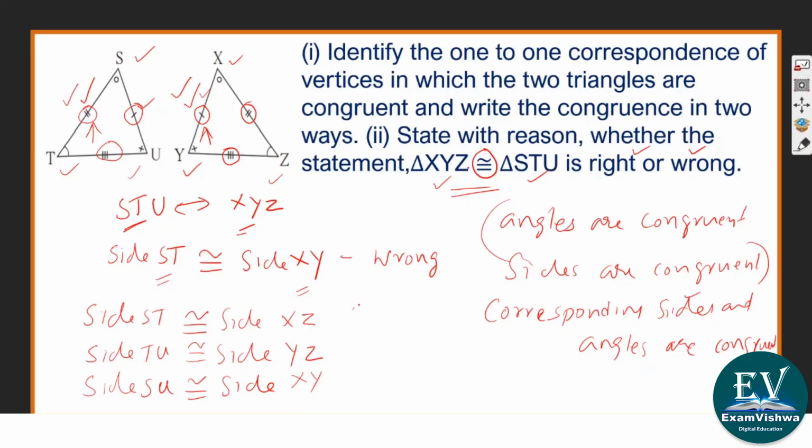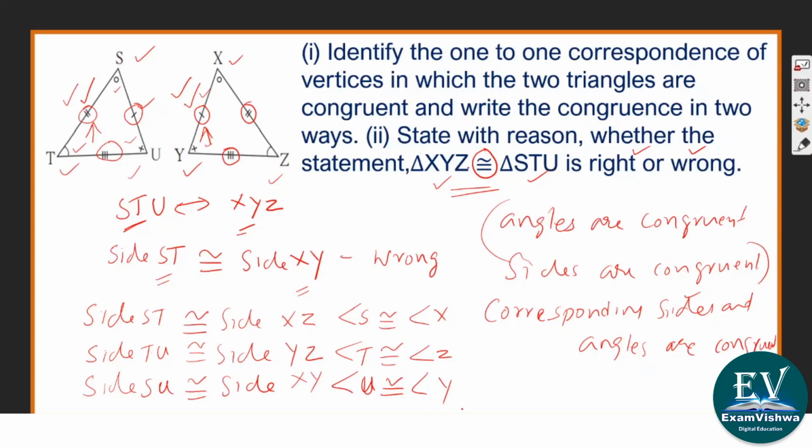Even if you compare the angles, angle S is congruent to angle X, very good. Angle T is congruent to angle Z, right? And angle U is congruent to angle Y. So if you are writing the order STU, then you should write not XYZ but XZY.